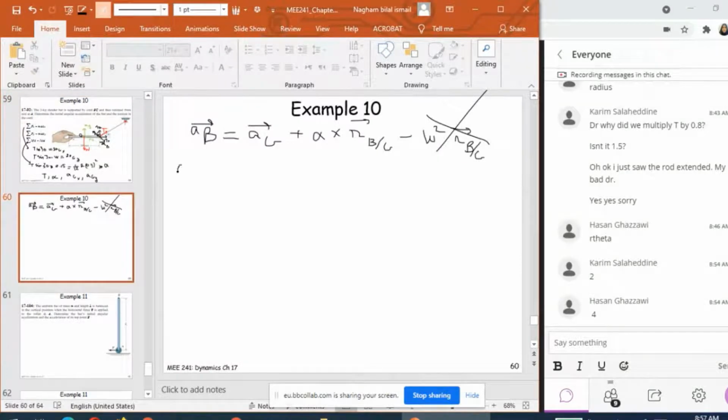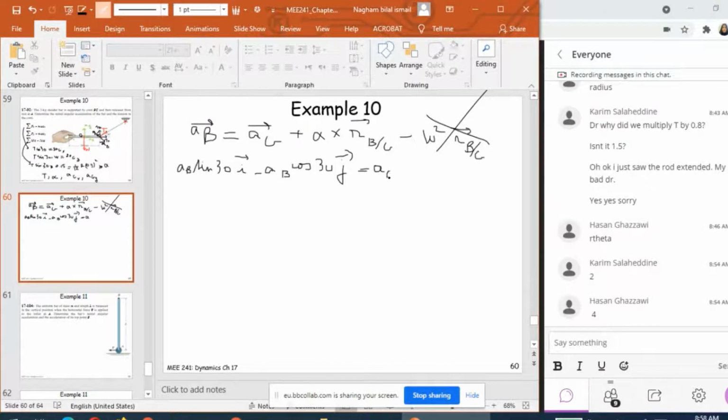So AB is AB sine 30 I minus AB cosine 30 J is equal to AG. What is AG?